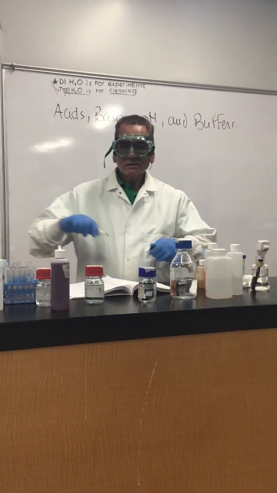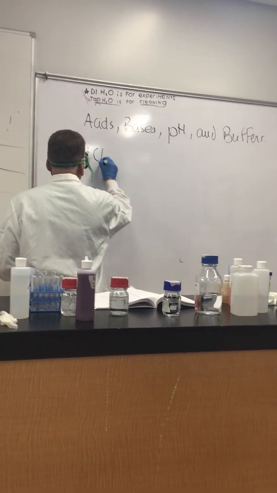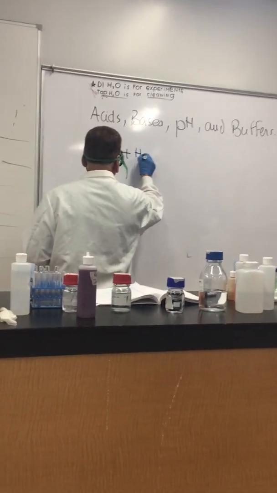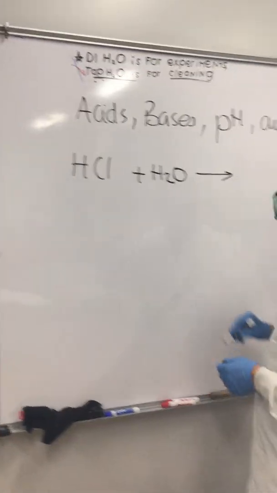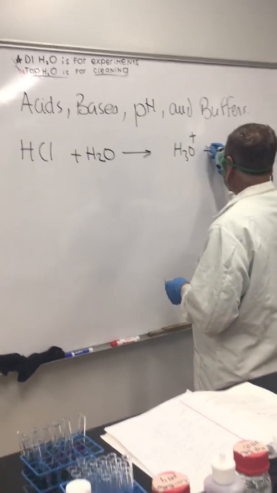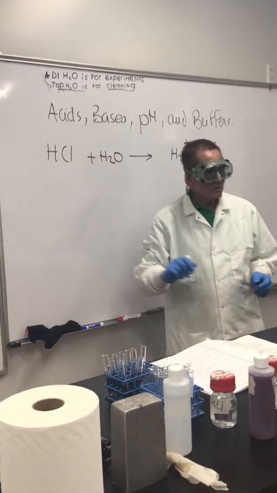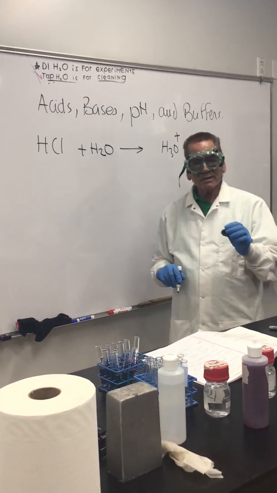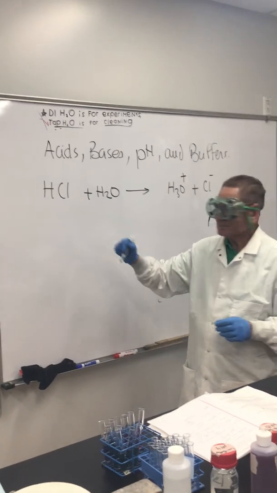An acid, by definition, if you take HCl and you add water to it, H2O, acid will dissociate, so H3O+ and Cl-. HCl is, by the way, a gas. Hydrochloric acid is not liquid, but it is liquid because we add water to it.